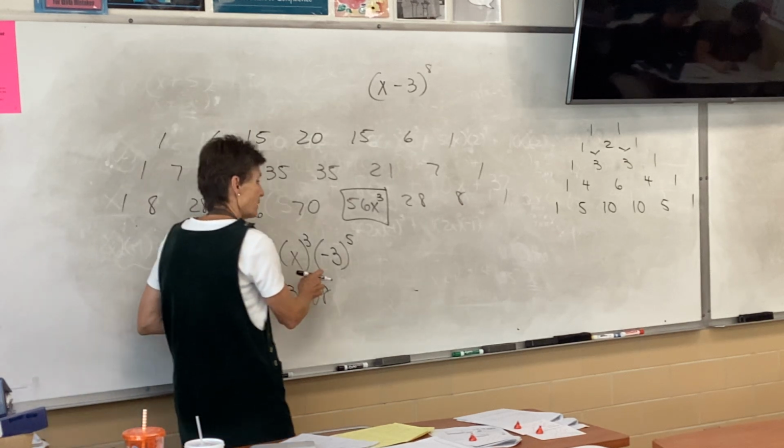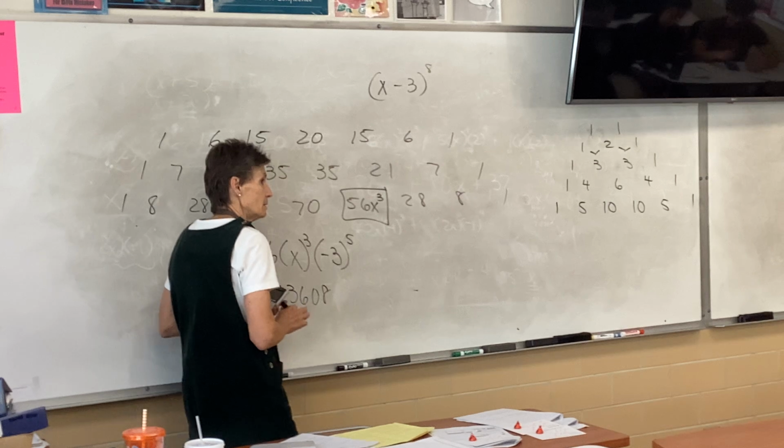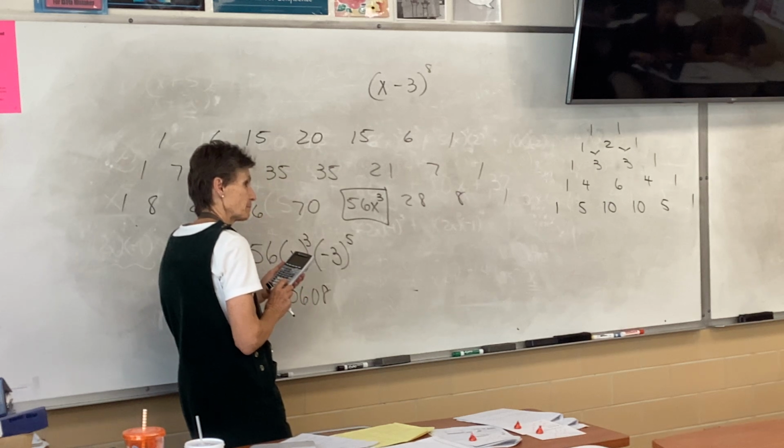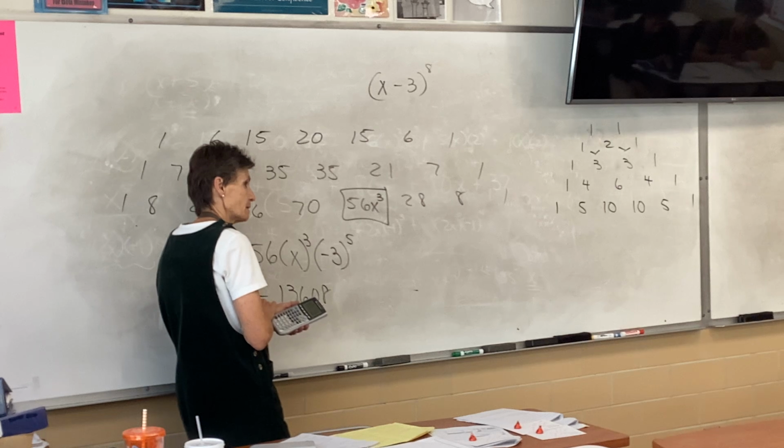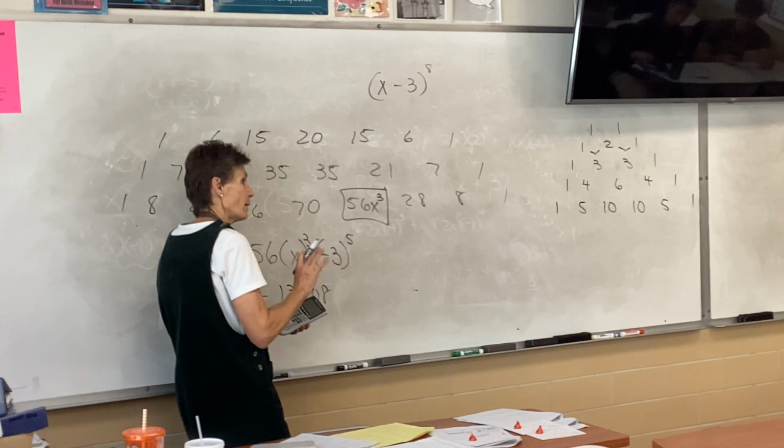Okay, so what's negative 3 to the 5th? Negative 243. Okay, times 56. No, no, just the numbers.